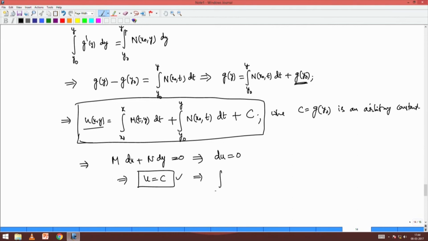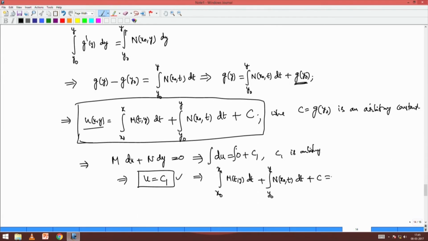That implies the integral from x naught to x of m(t, y) dt plus the integral from y naught to y of n(x naught, t) dt plus c equals another arbitrary constant. When you integrate both sides, what you have is an arbitrary constant c1, where c1 is arbitrary.